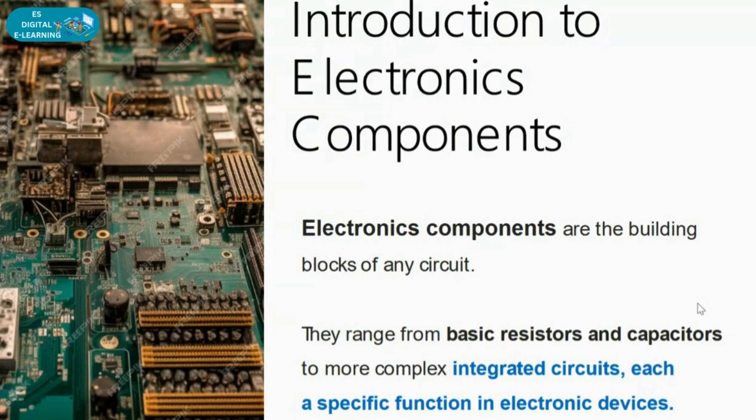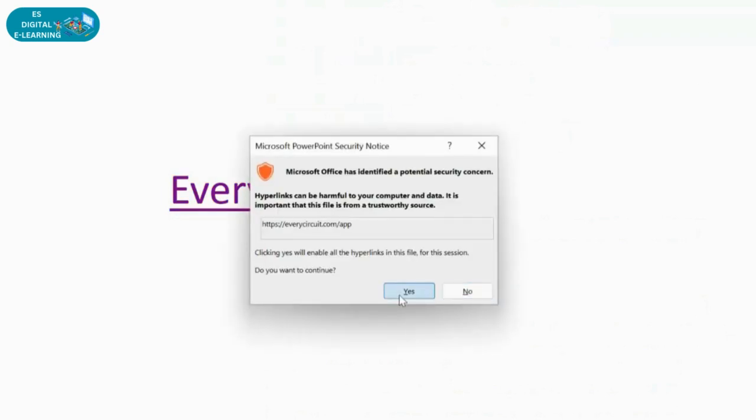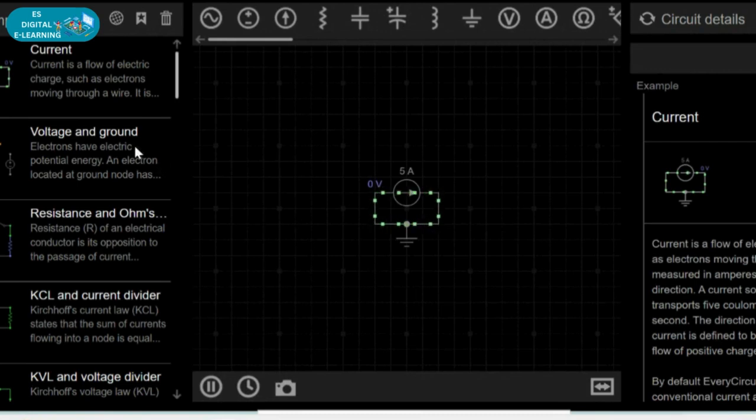Each and every component plays a very beneficial role when it is interconnected in the circuit diagram.